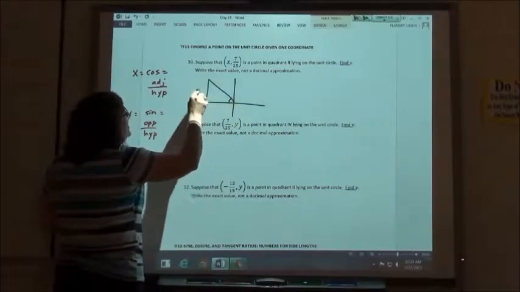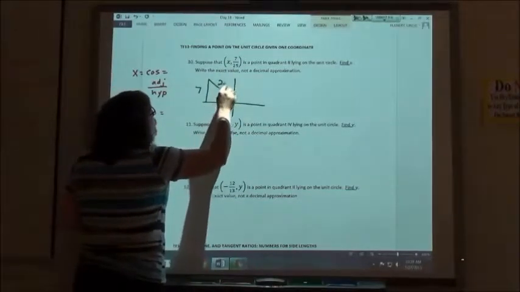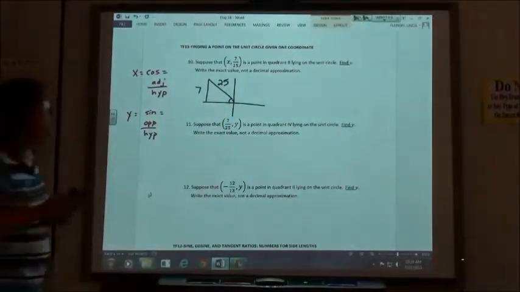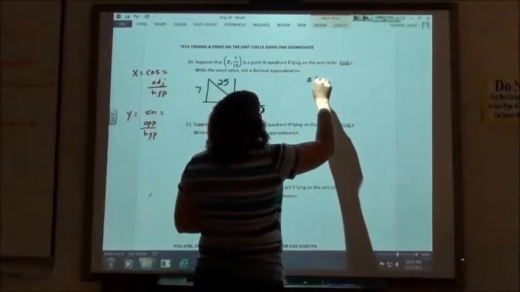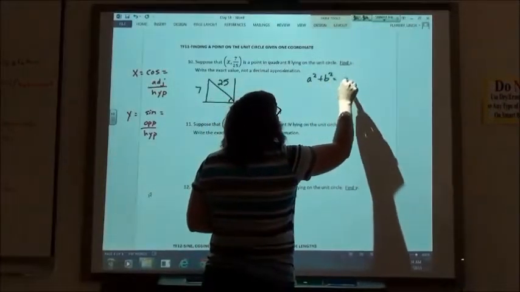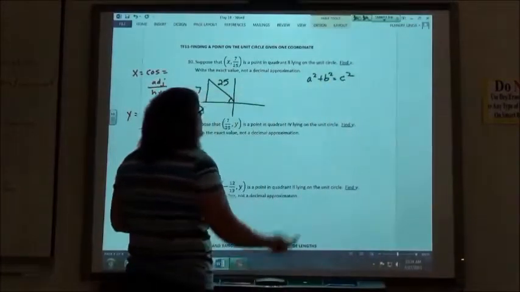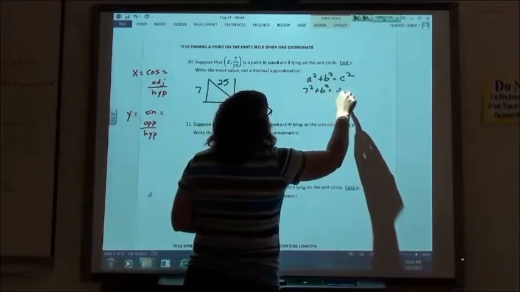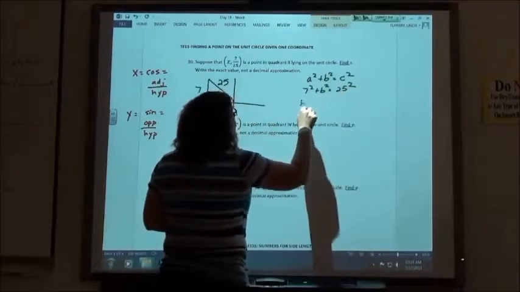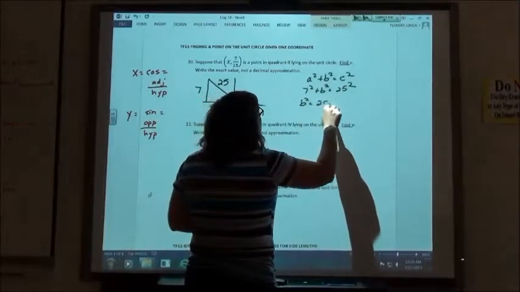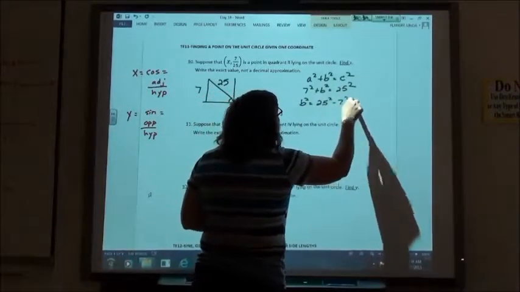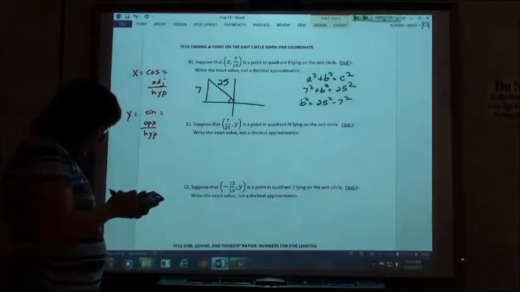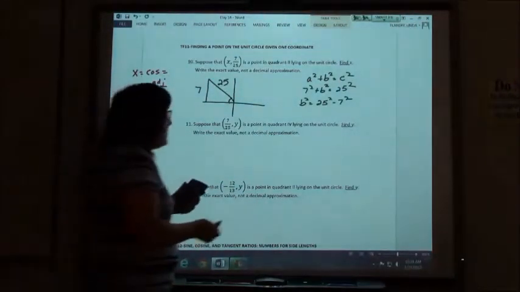And we know what the sine is, so we know the opposite side and the hypotenuse. The opposite side, we're always going from this angle here. The opposite side is 7, the hypotenuse is 25. We need to find that other side by using our Pythagorean theorem. We know that a squared plus b squared equals c squared. And so we know that 7 squared plus b squared equals 25 squared. b squared is then going to equal 25 squared minus 7 squared. So 25 squared minus 7 squared gives me 576.